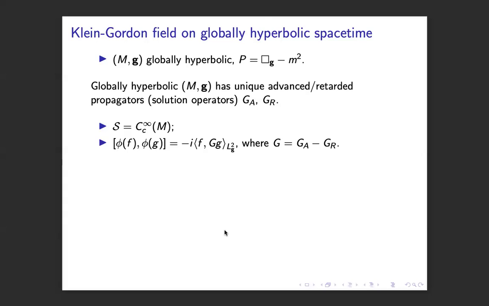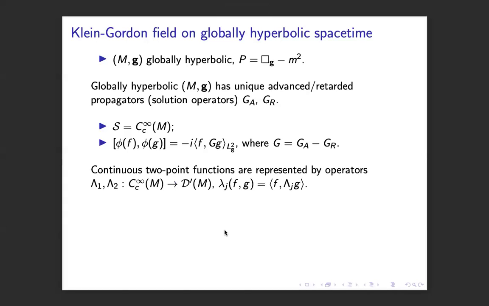Okay. But this is the usual construction, and often when we think of the 2-point functions, we actually represent them by linear operators. So instead of looking at this Hermitian form, we can look at a function f integrated against lambda g.